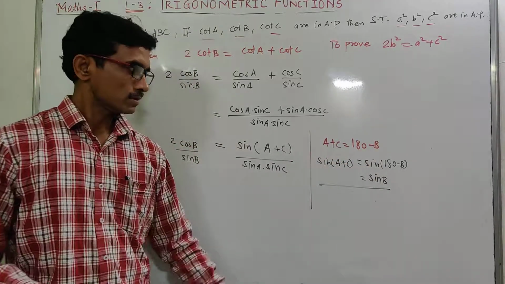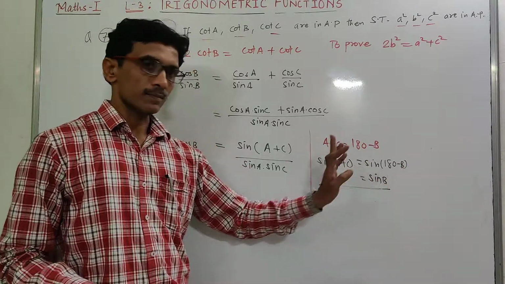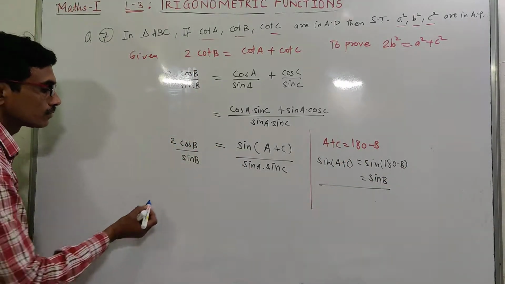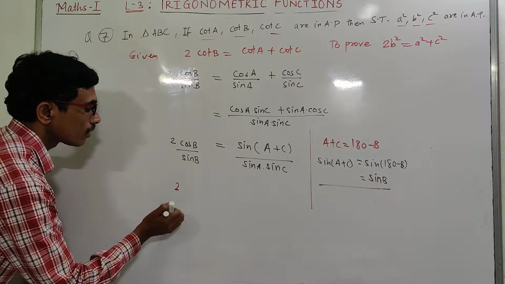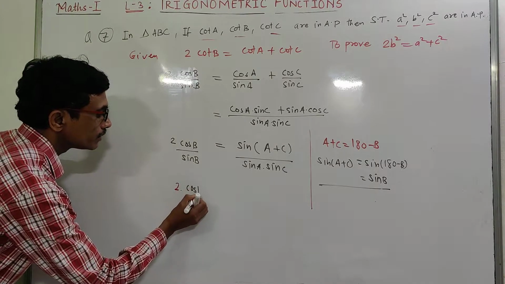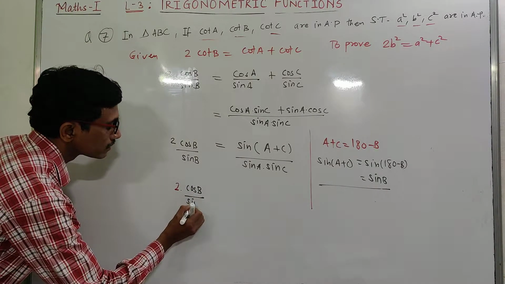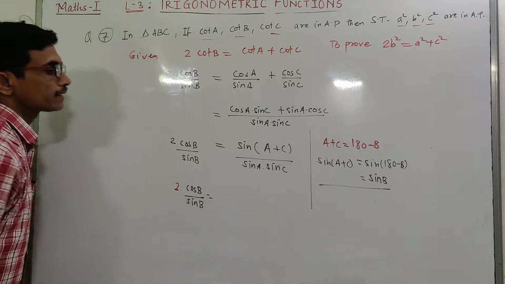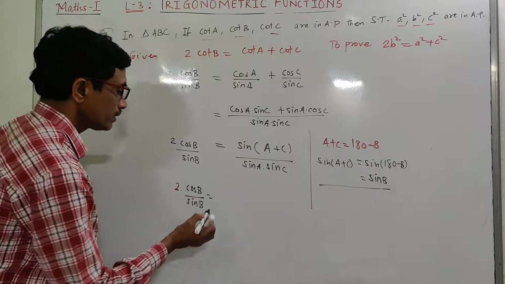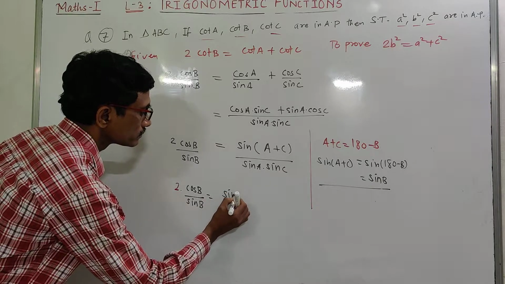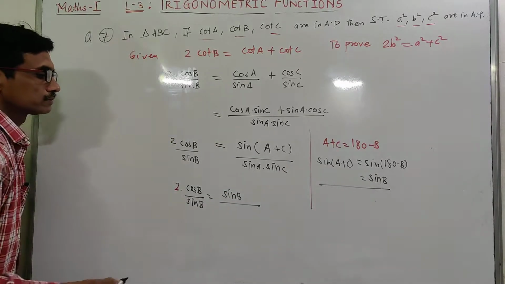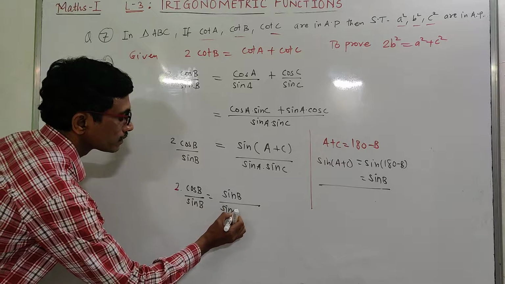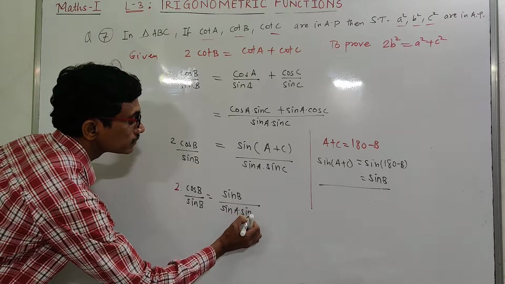Because sin pi minus B is sin B. So left hand side is 2 cos B upon sin B. Right hand side, this is sin B upon sin A into sin C.